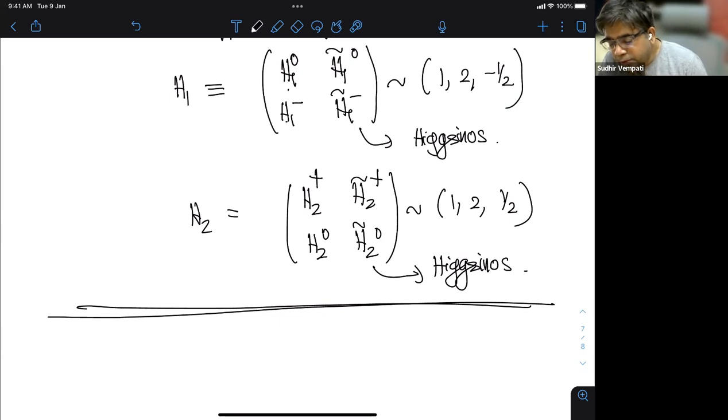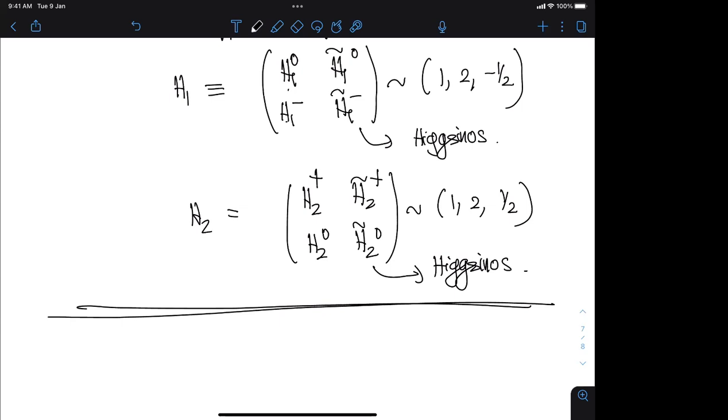A Higgsino-gaugino mixture which is charged is called a chargino, and one which is neutral is called a neutralino. If you take the pure Higgsino limit, yes, both Higgsinos have the same mass.